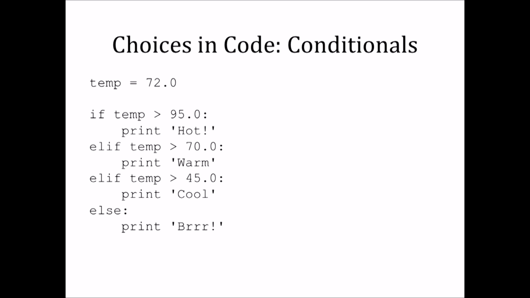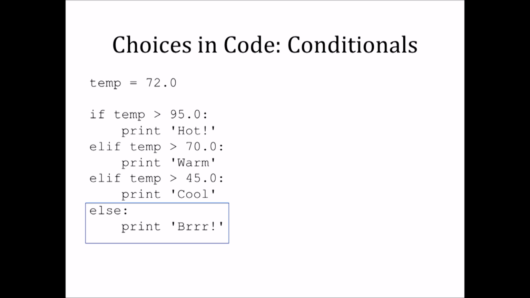We have added a classification of cool between 45 degrees and 70 degrees. We have also added a new conditional, the else statement. The else statement means, if none of the ifs or elifs passed, then run the code in the else. Here, that means that if the temperature wasn't greater than 95, 70, or 45, we should print brrr.